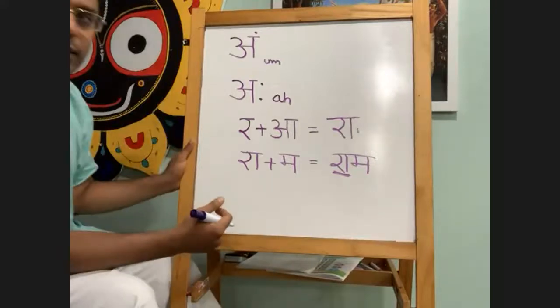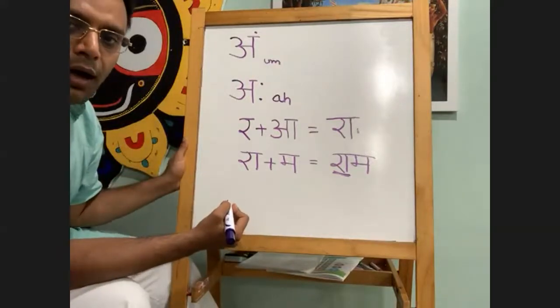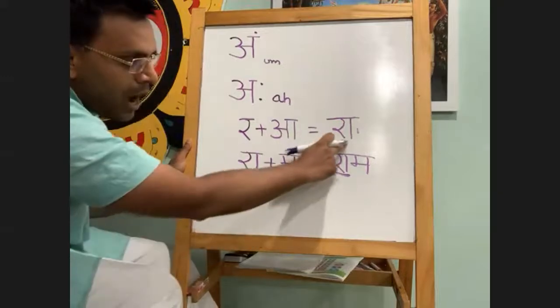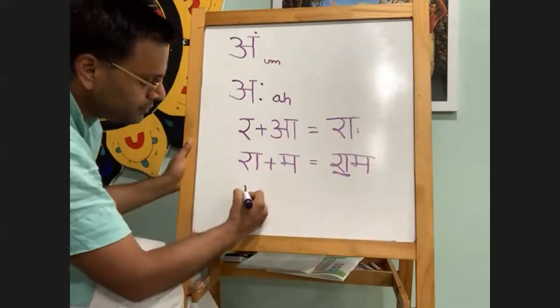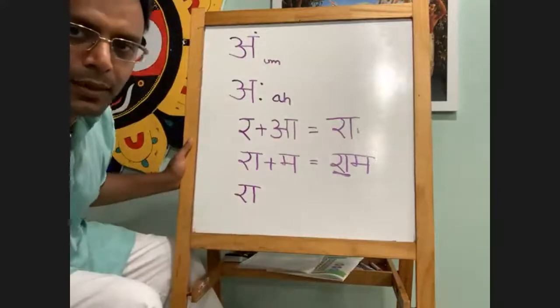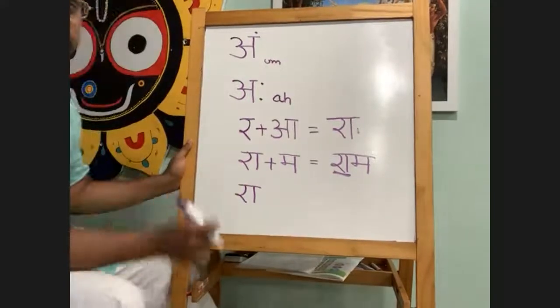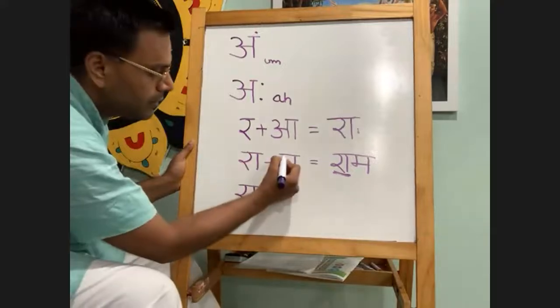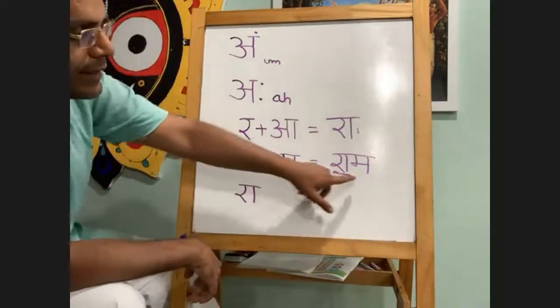Another word, let's say Radha. Okay, Radha. So Ra plus A, Ra. Prabhuji, for Rama, is it Rama or are we doing just Ram? So far I'm just writing it as Ram.